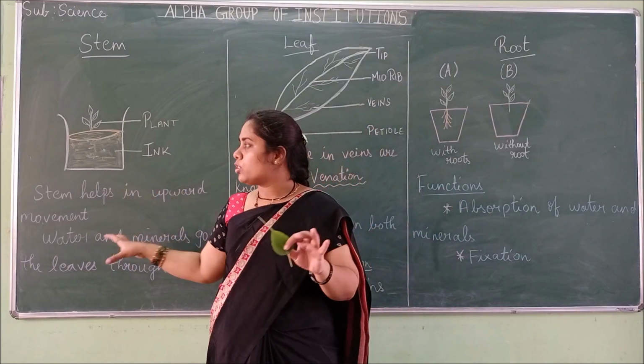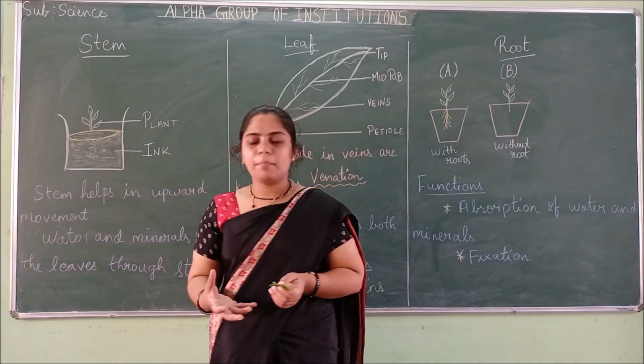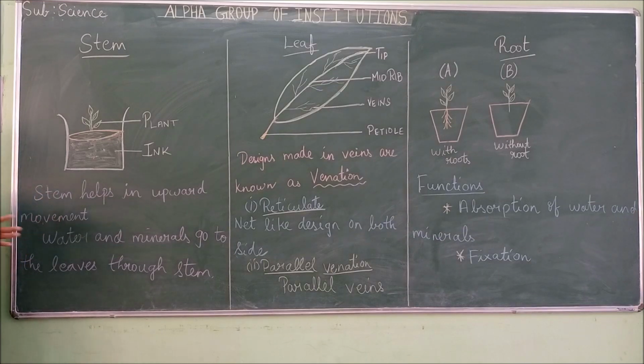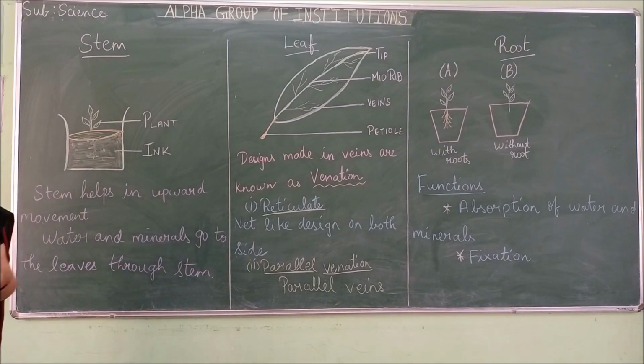So we saw about stem, leaf and root. Now I am giving a recap again. Listen children. In the stem we saw an activity. You take a beaker or any vessel, you pour water and ink and you place a plant in it overnight. What happens? The plant will change into bluish or reddish color.